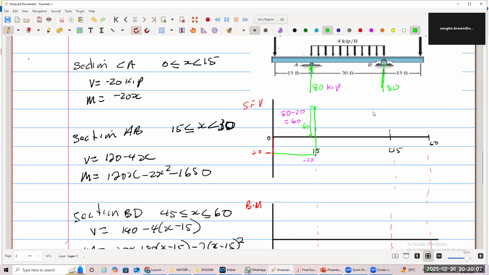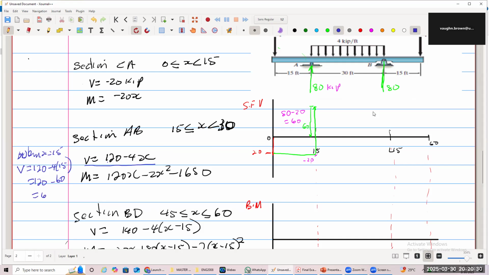Let's get a different color right now. Blue. Look, this is your expression. So when x equals 15, what is your shear force? That is the objective. It is 120 minus 4 times 15, and immediately you get 120 minus 60.